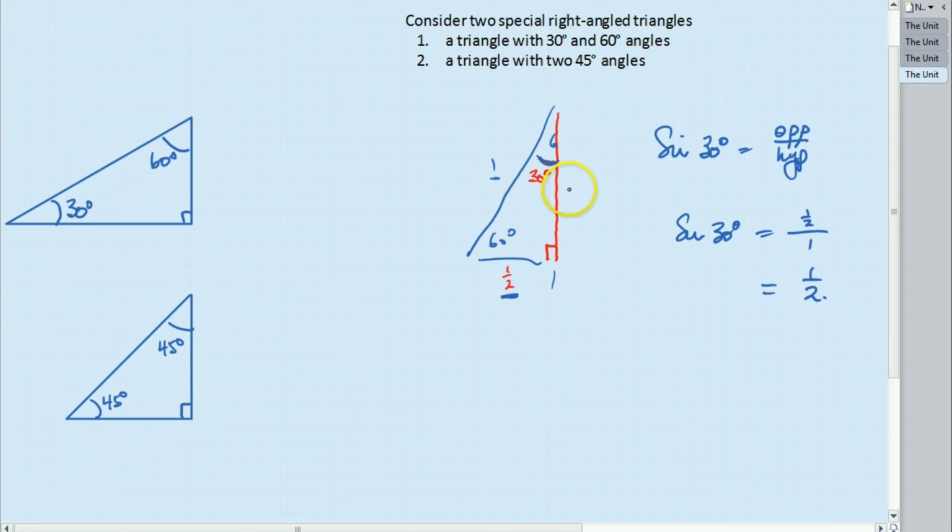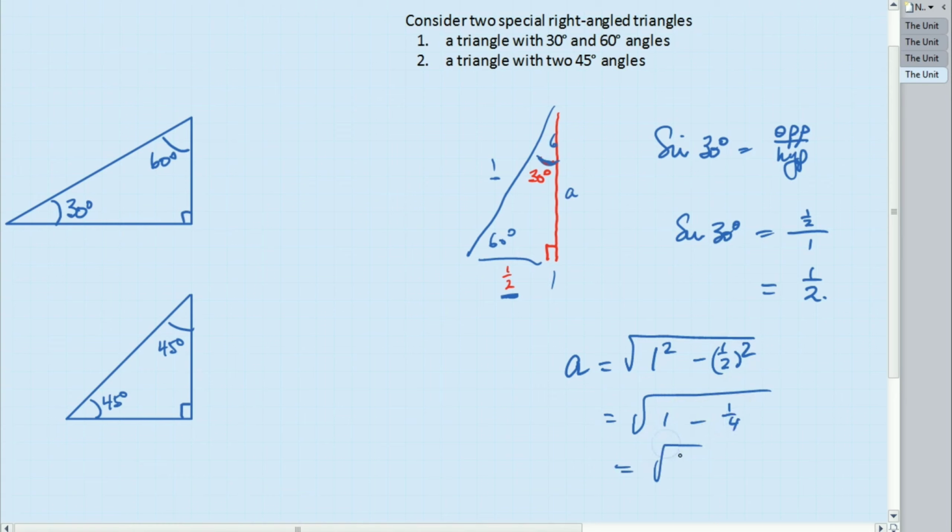And now we need the cos, but for that we need to know the length of this side here, and Pythagoras is going to help us out here. So Pythagoras will tell us that the length A will simply be the square root of 1 squared minus 1/2 squared, which is the square root of 1 minus 1/4, which is obviously the square root of 3/4.